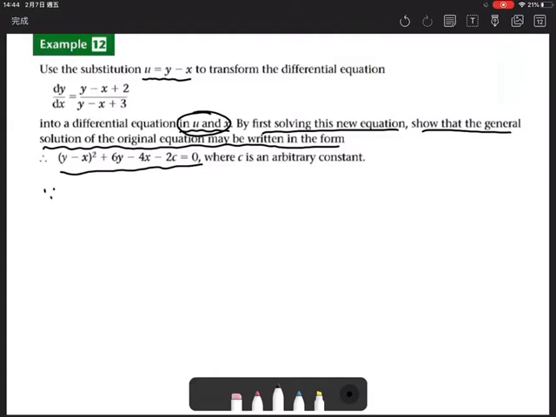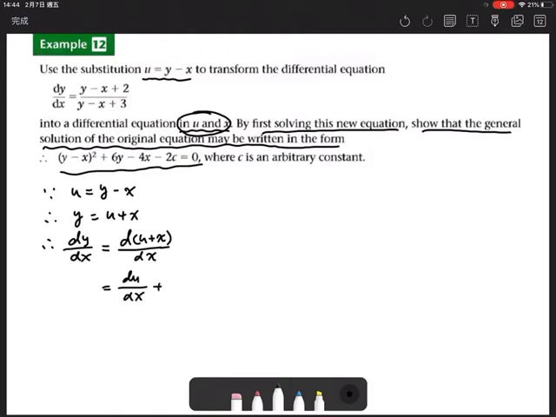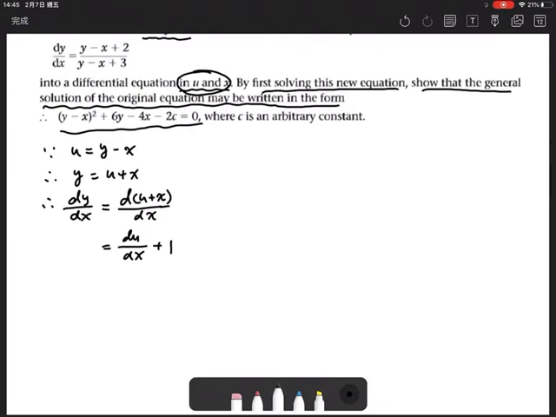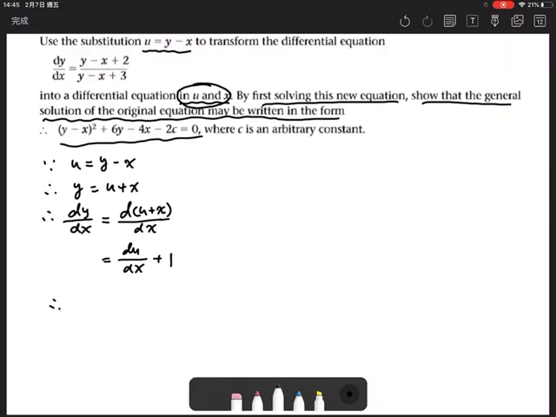Because u equals y minus x, we should write the subject to be y. So y equals u plus x. So dy by dx equals du plus x by dx, which equals du by dx plus 1. So now we can do a replacement.